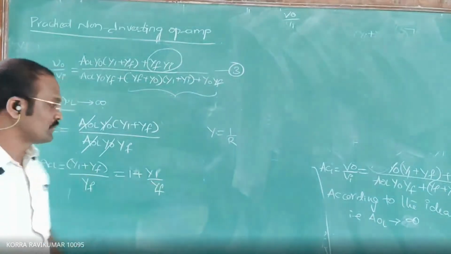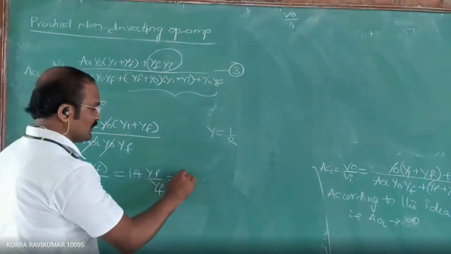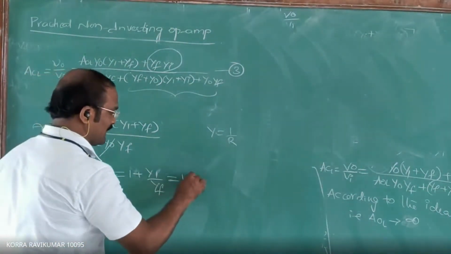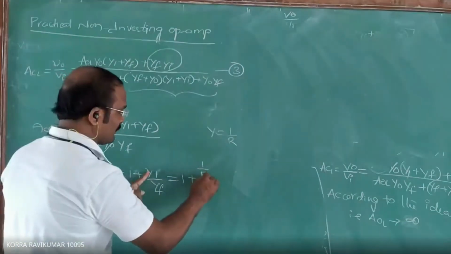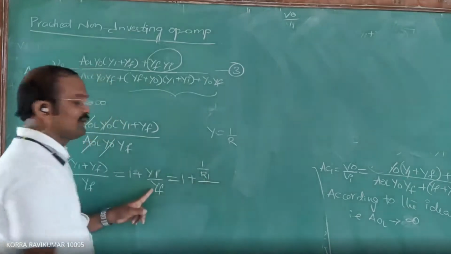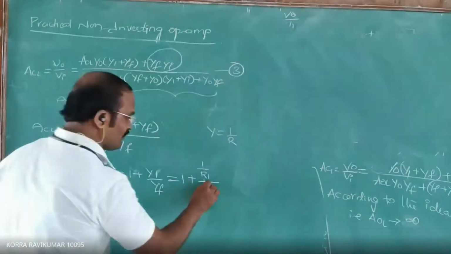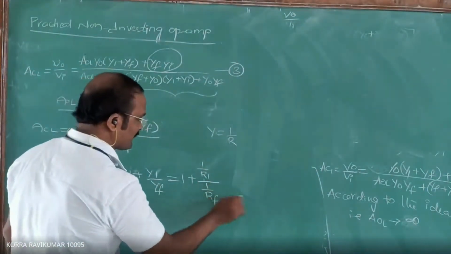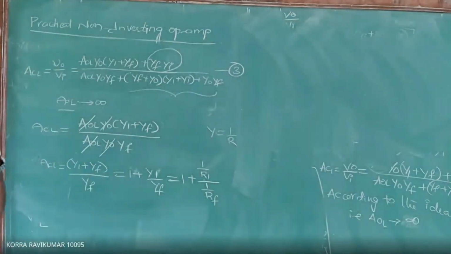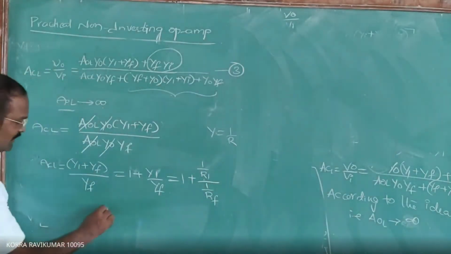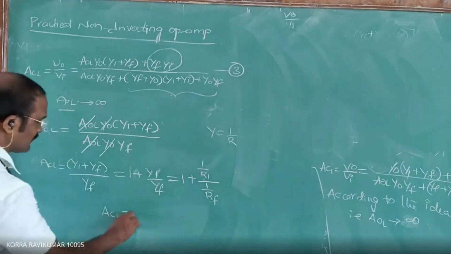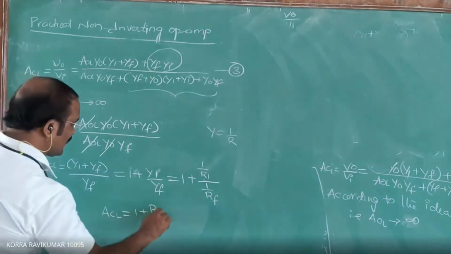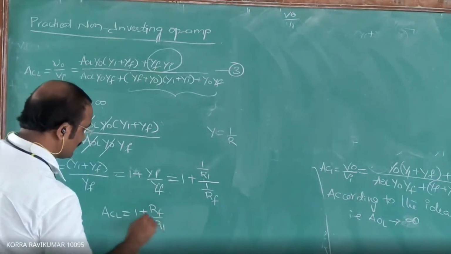So the equation becomes 1 plus Y1, which means 1 by R1, divided by YF, which means 1 by RF. So finally ACL, the closed loop voltage gain, is equal to 1 plus RF by R1.